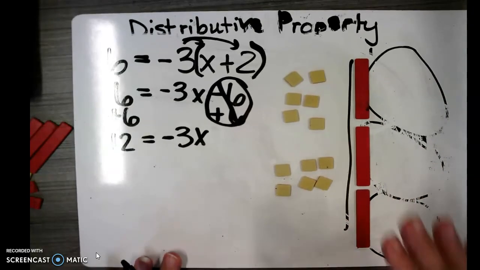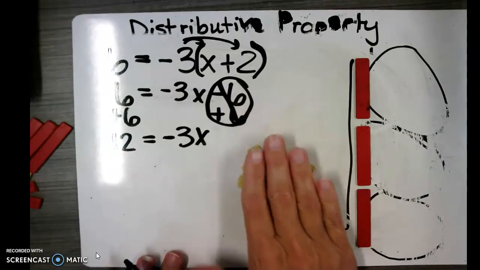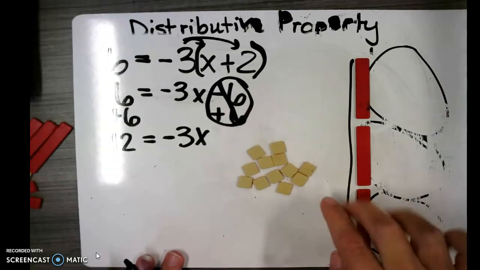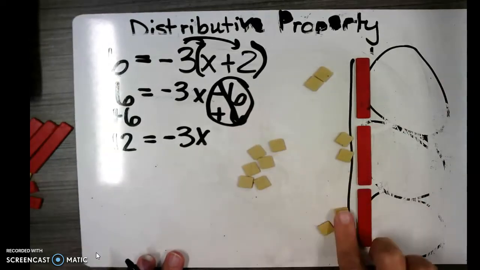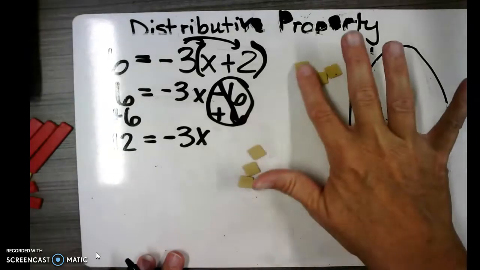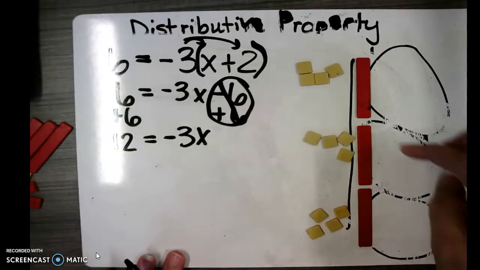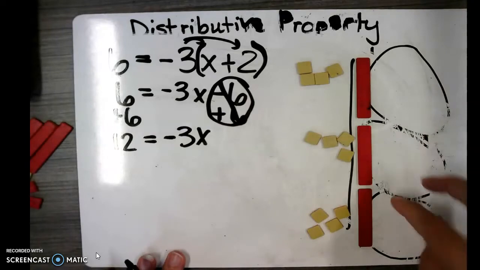So if I separate them into groups, I want to group my 12 pieces that I have here into the 3 x's evenly. So let me divide them up. Looks like it can fit more in there. Okay, and I can get 4 constants into each x.